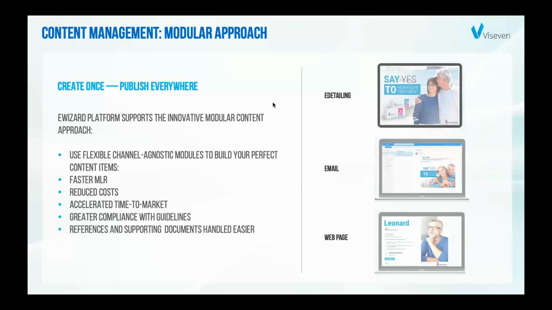So instead of working in silos, the content modification or message adaptation lies in the module, and then you just inject that module into the channel where you want to use your message, and that's where it lives.